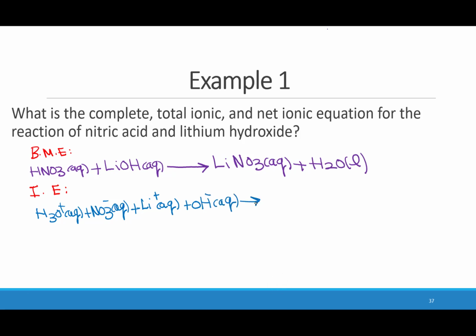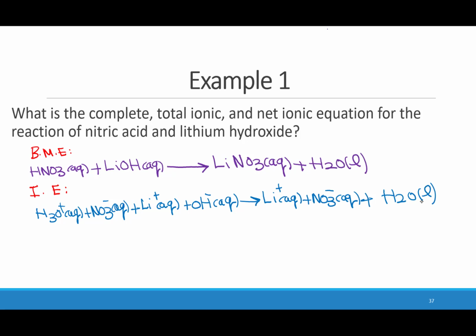Now lithium nitrate. It's an ionic compound in aqueous state. Ionic compounds in aqueous state will undergo separation, which produces lithium ion plus nitrate ion. Now for water. Remember, liquids, solids, and gases do not separate. Just leave it as is. But instead of one, we will have 2 water molecules.